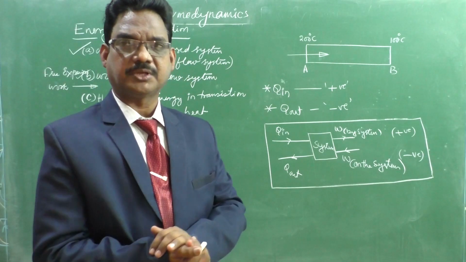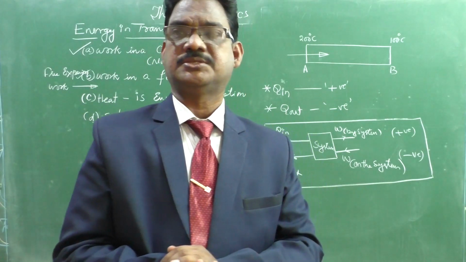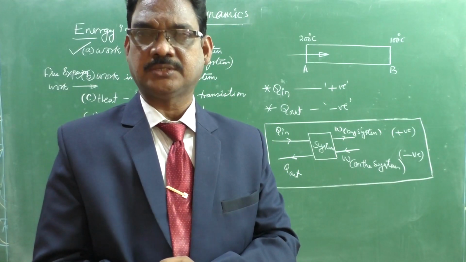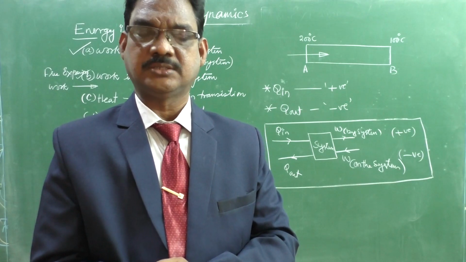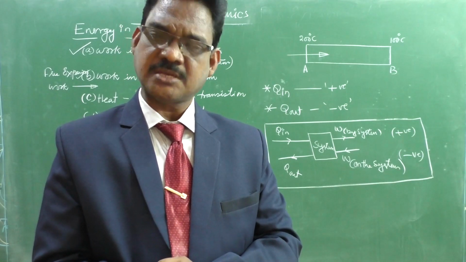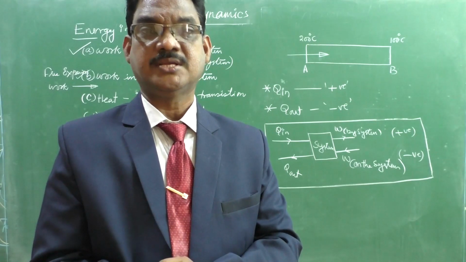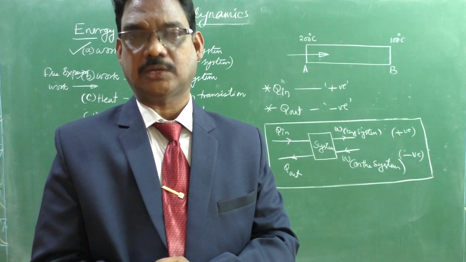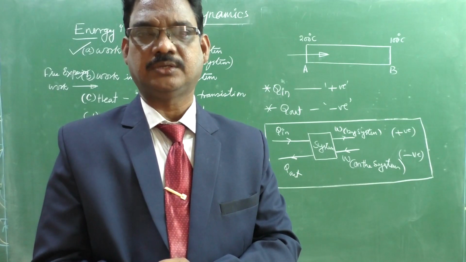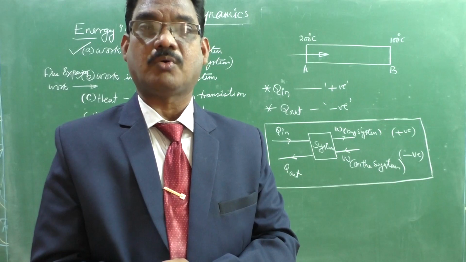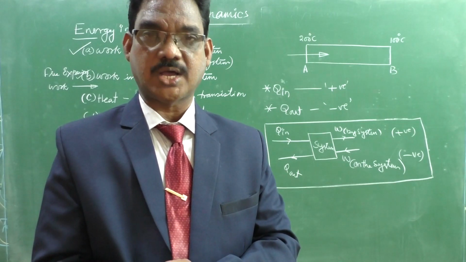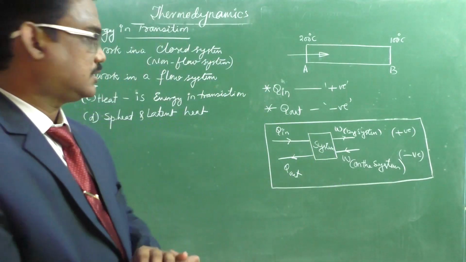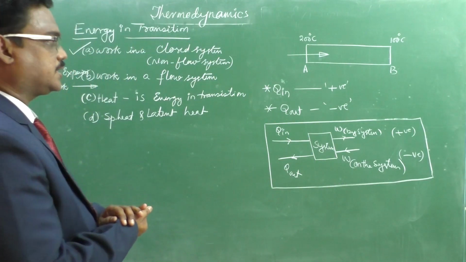Generally, students may think that heat is energy in transition and it is not a property, it is a path function, and they apply the same thing to specific heat and latent heat also, but it is not correct. Specific heat and latent heat are point functions and those are properties of the system.